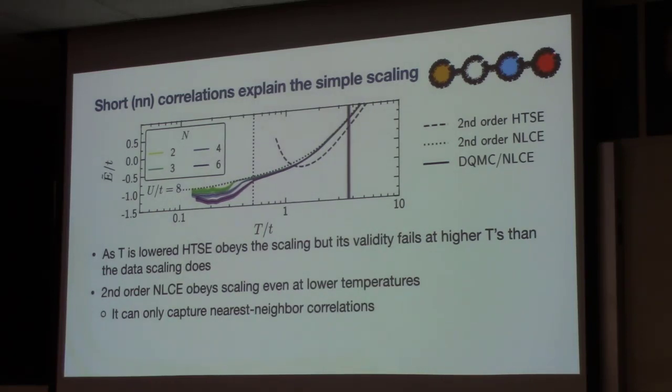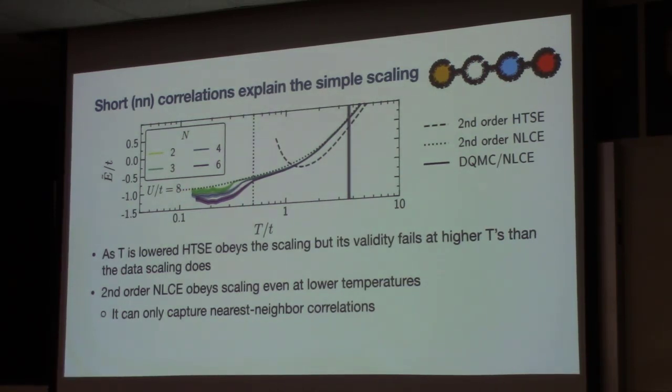Now, if we take a look at the second order NLCE, what this means is you solve the problem on one site, then you solve the problem on 2 sites, and then you do a linear combination of these results. And what we see is that those, which correspond to the dotted lines, obey the scaling and nicely reproduce the curve over here. I mean, the scaling still holds down below the vertical line.